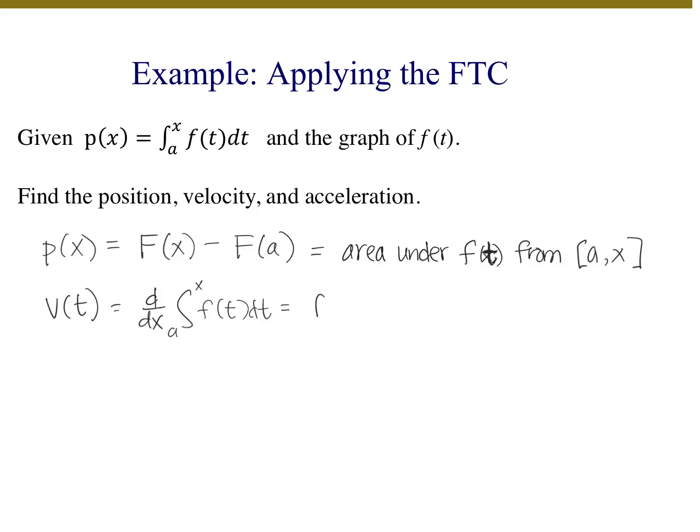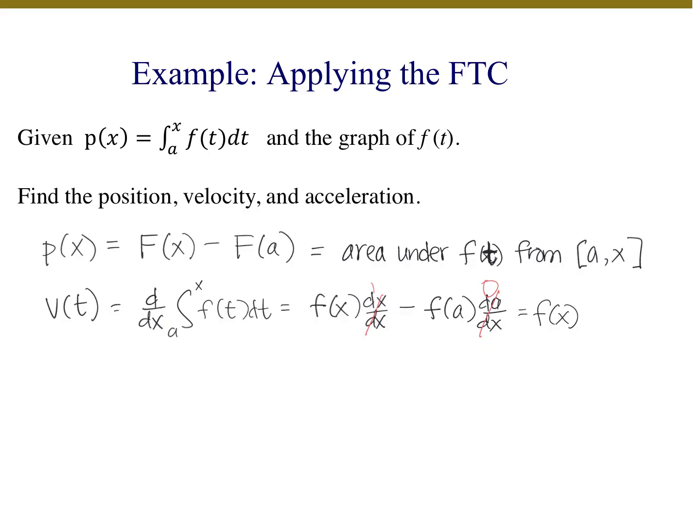So we just have f with the upper bound of x plugged in minus f with the lower bound of a plugged in, and the derivative. And this is where one of them has a derivative of 0 because it's a constant, and the other has a derivative of 1, which means all you're left with is just f of x.